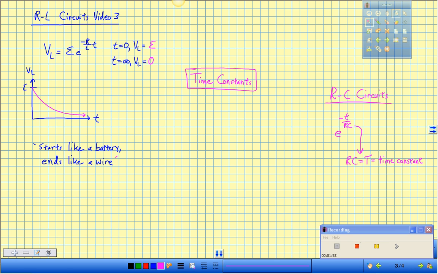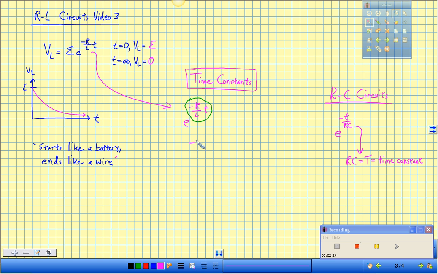What I do want to do is at least derive what the time constant is. So coming from this part, I have the expression e to the negative R over L times time. The negative R over L times time piece is the part that's going to have that time constant in there someplace.